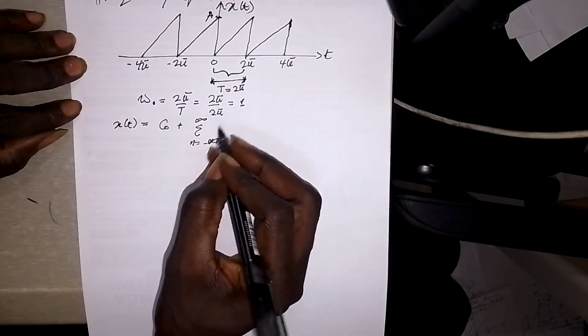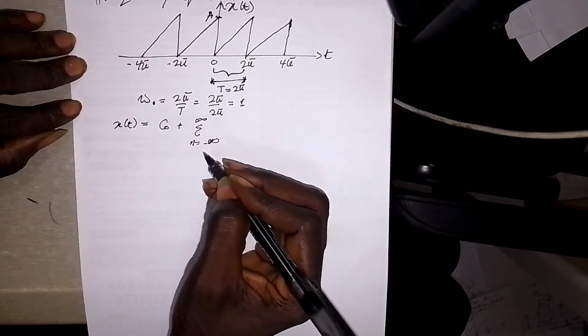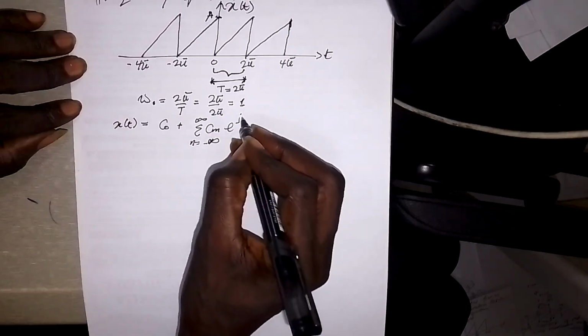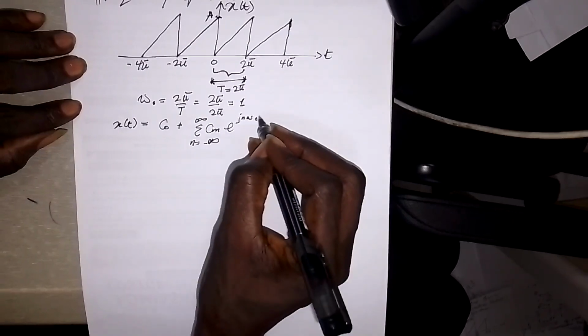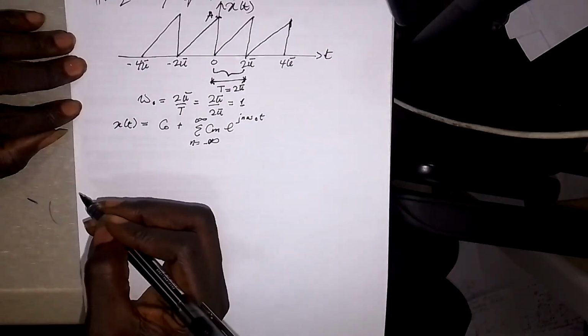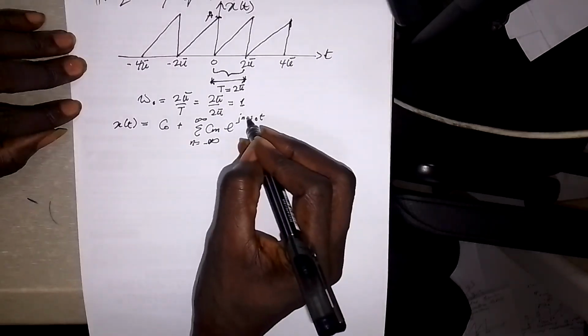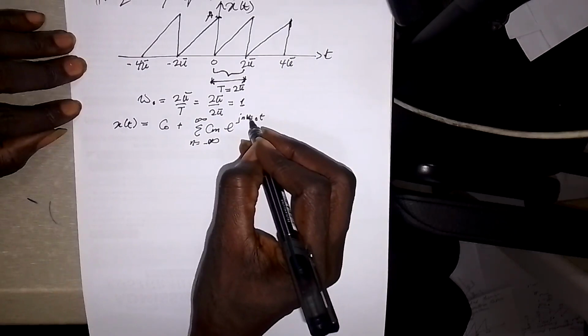You have to remember that in the trigonometric Fourier series, n was always starting from 1. Of Cn times e to the j n omega naught t. So this is the equation. This one please is omega.